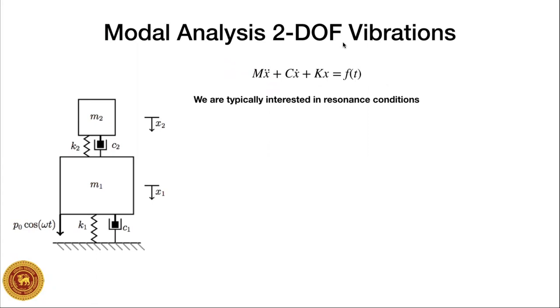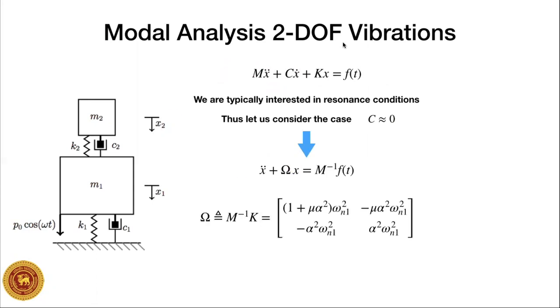What we are typically interested in is systems where you have very light damping and the system is operating near resonance conditions. When will it operate near resonance conditions? That is in the case where the damping is very low. In this case, these equations reduce to the following form.